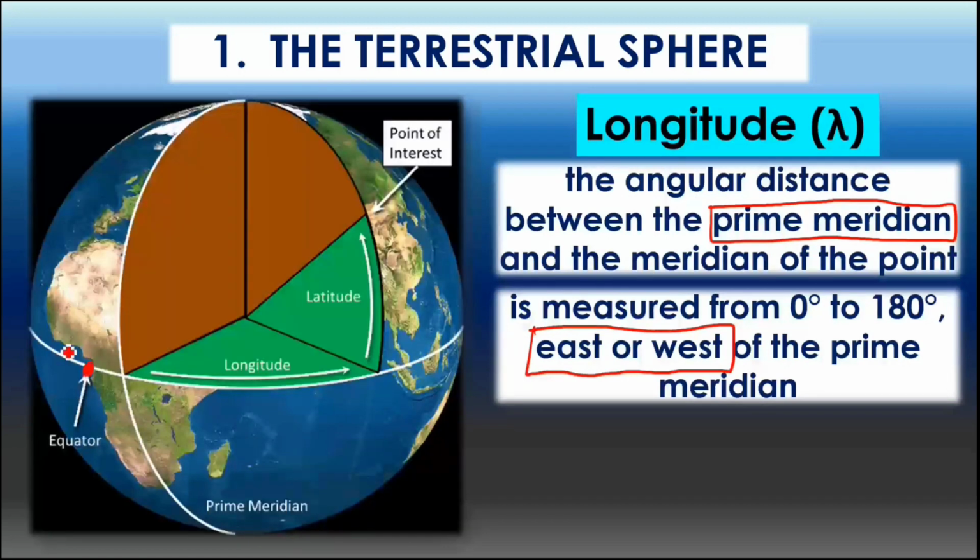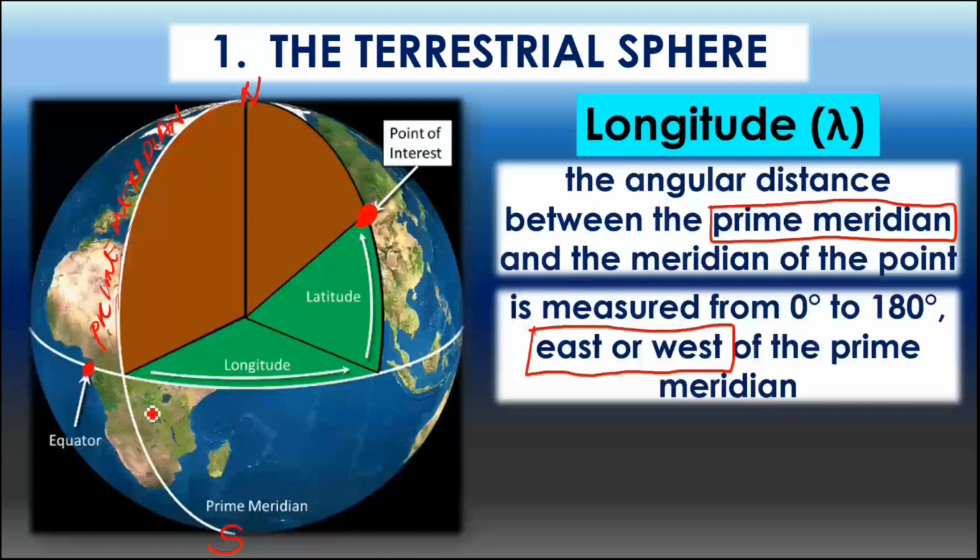This is the equator. Next, if this is the equator, this is the north pole, the south pole. So the prime meridian is this one. Okay, so this is the prime meridian, this white arc here. If we have this point here as the point of interest, the longitude would be what?